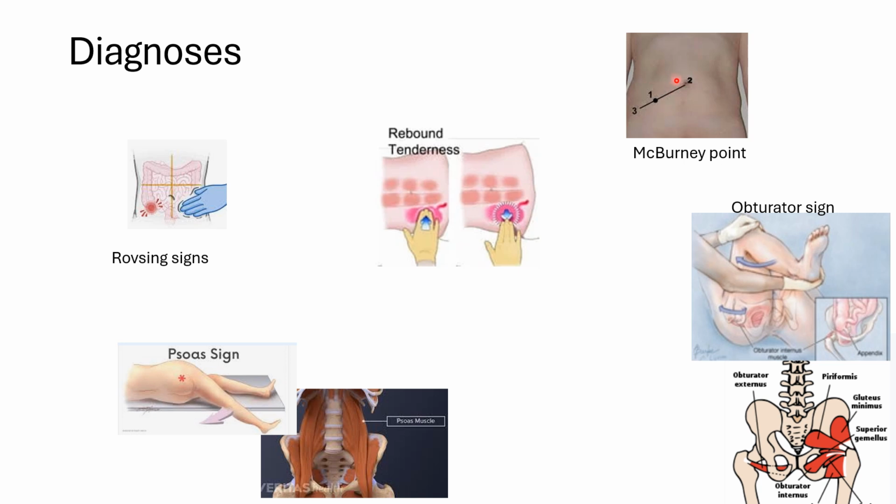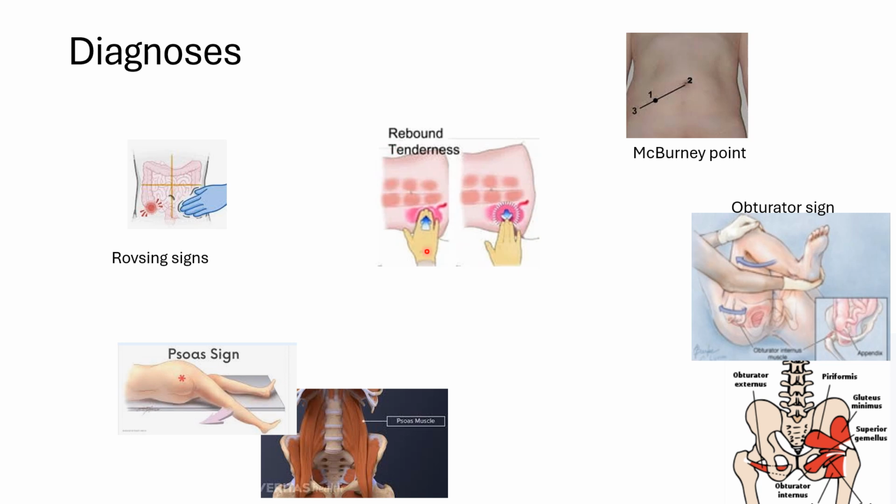McBurney point is almost halfway from the umbilicus to the right iliac crest. So if here is the right iliac crest and the umbilicus, it's almost halfway between these, and this is known as McBurney point.